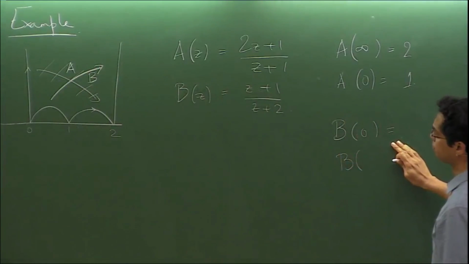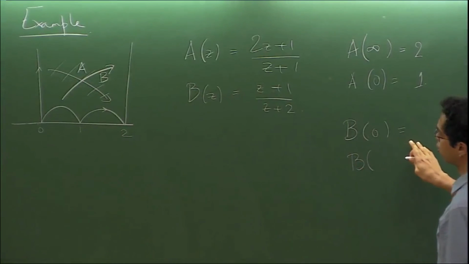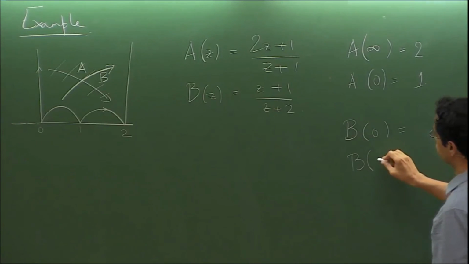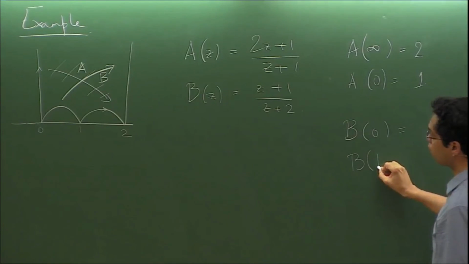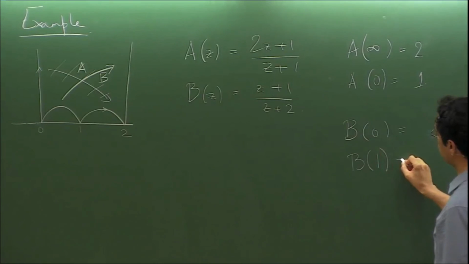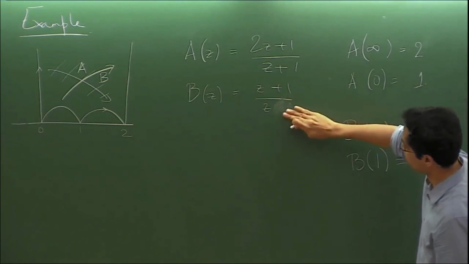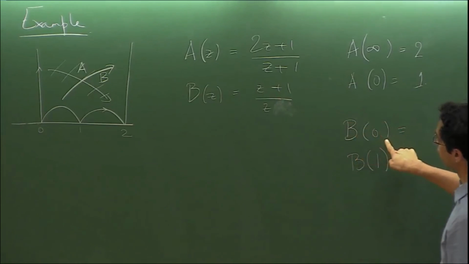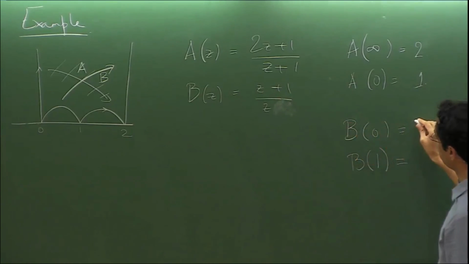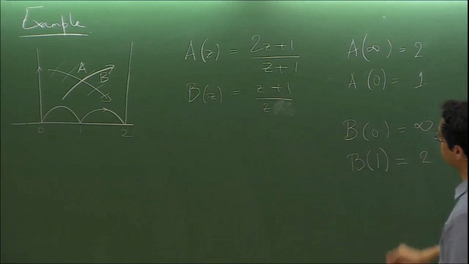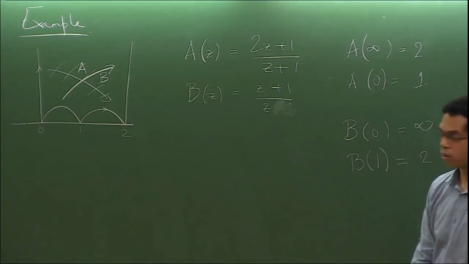So where do I want B of 1? Z plus 1 by Z. So B of 0 goes to infinity, and B of 1 goes to 2. Okay, so that seems to work.